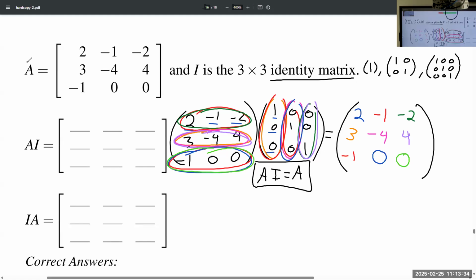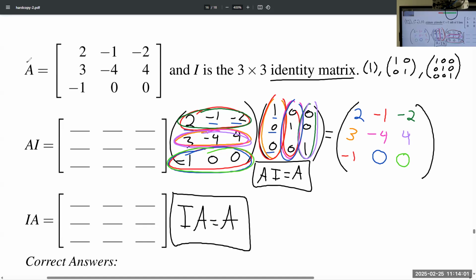And we'll need that tomorrow when we study division. So we'll need the number 1 to be able to do this. I claim it will happen the exact same way going the other way. Even though matrix multiplication is non-commutative, it will still work.